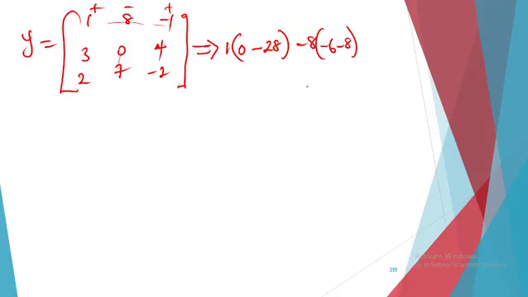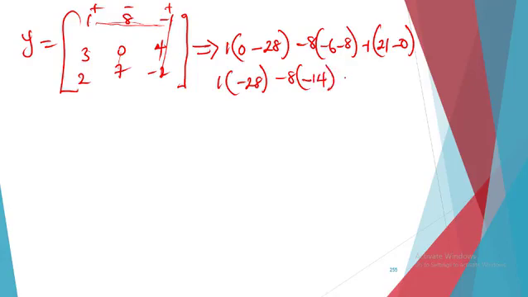Is that correct? Then the last one we have here is minus 1 into, cancel this and this. We have 3 times 7, which will give us what? 21. Minus 0 times 2 is 0. We have 1 into minus 28, minus 8 into minus 8 minus 6 will give us minus 14, and then minus 1 into 21.